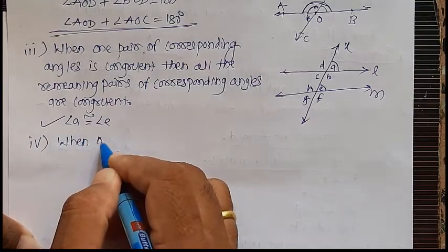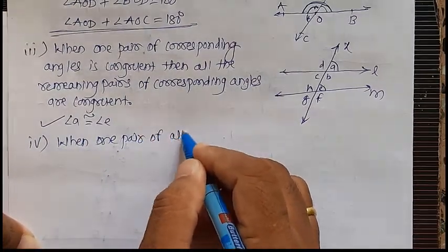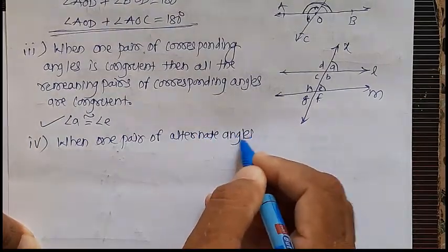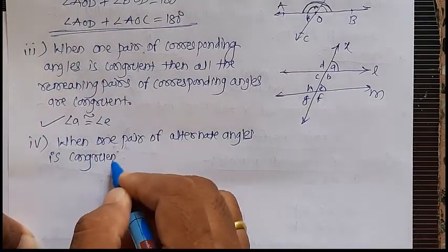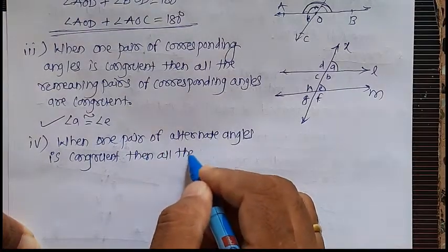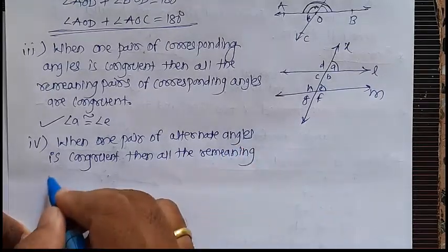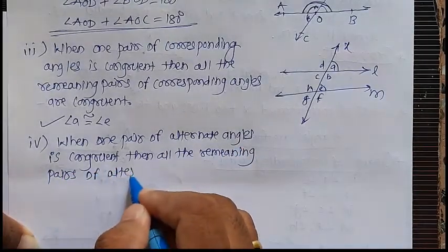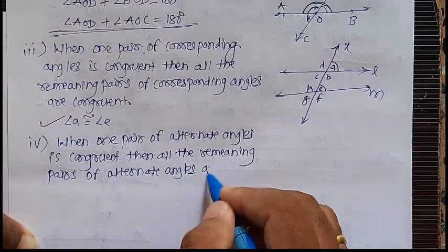When one pair of alternate angles is congruent, then all the remaining pairs of alternate angles are congruent.